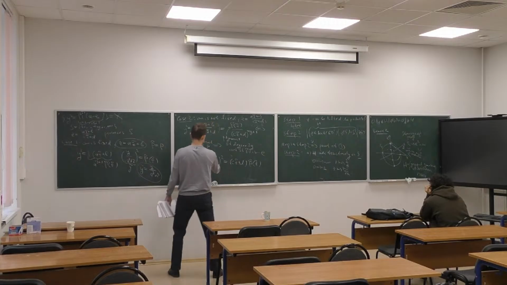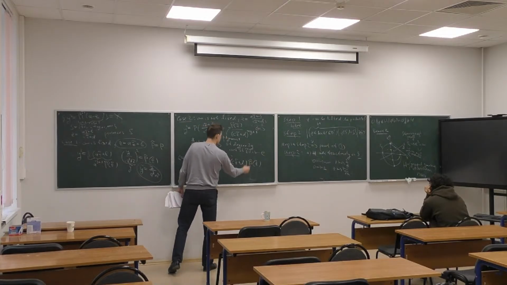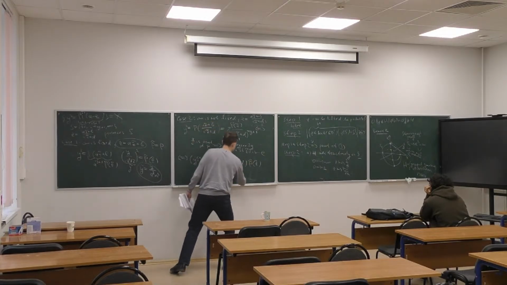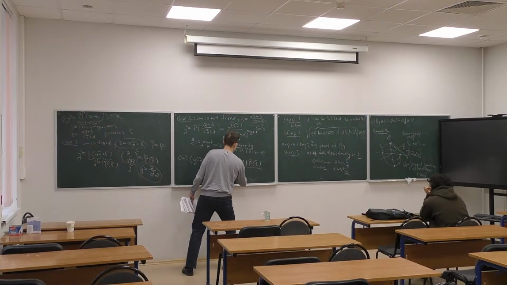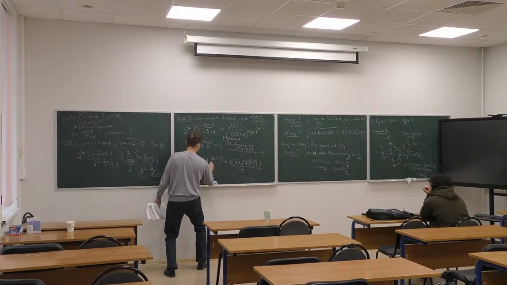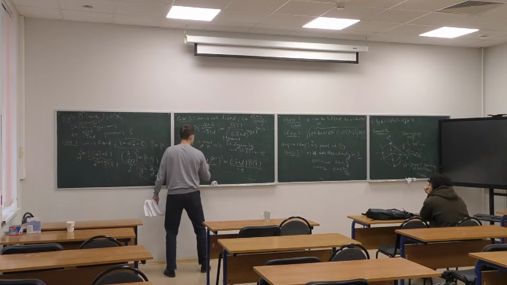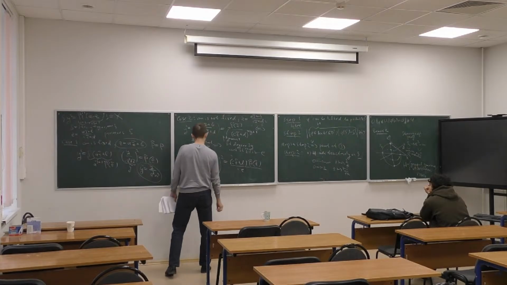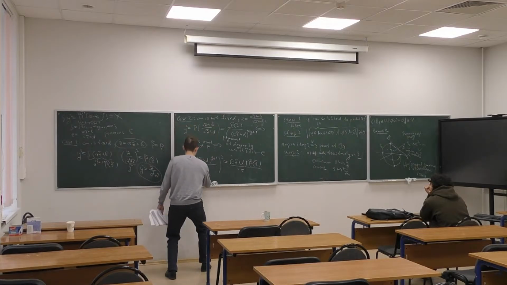Then here you want to divide by c times e. Then you want to divide here by square root of c times e. And this is your y tilde.